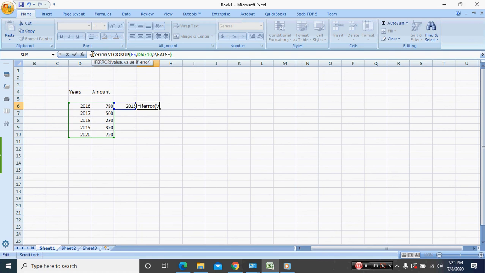What this formula is saying, IFERROR VLOOKUP. So basically it is saying if VLOOKUP produces an error, then we should put a 0.